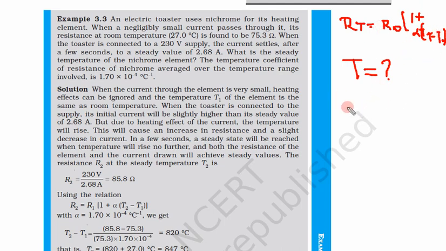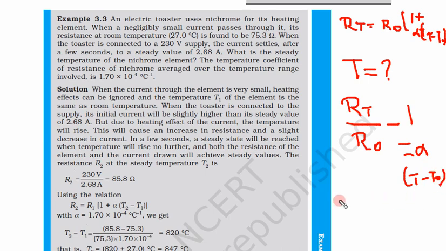RT upon R0 minus 1 is equal to alpha into T minus T0, and T minus T0 is equal to 1 by alpha in bracket RT upon R0 minus 1. This is our new formula from which we have to calculate the new temperature.